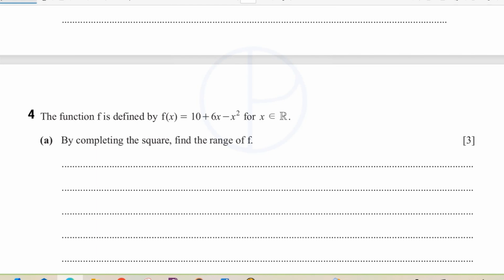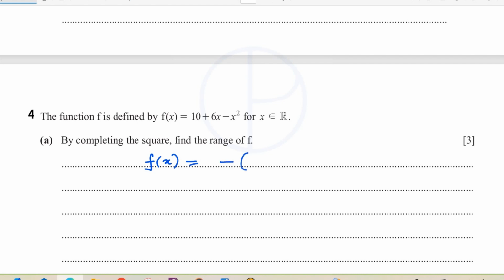The question is, the function f is defined by f of x equal to 10 plus 6x minus x square. By completing the square, find the range of f. So first let's write this in the completing the square format.